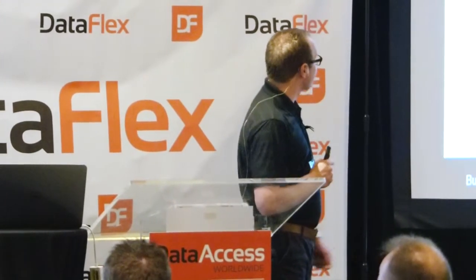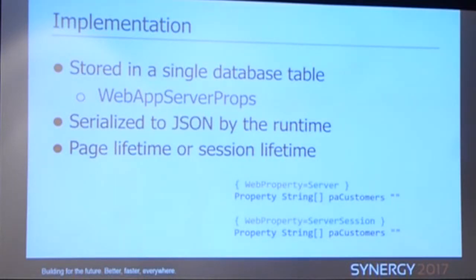So how does it work? There is a new system table, a table that's used and maintained by the DataFlex web app framework. It will be added to your workspace if you create a new web project, and the conversion wizards will add it as well. It's called web app server props, and the values are stored there. It serializes the property values to JSON, and it stores them in the database.